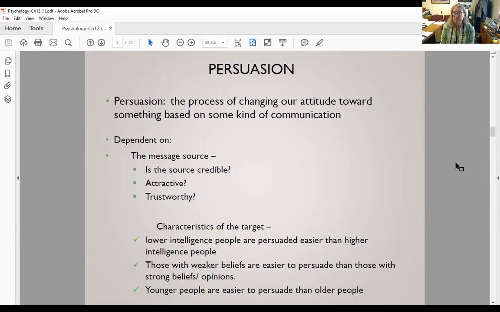The other thing that is important here is the message itself, not the source, the person who's giving the message, but the second thing is the characteristics of the message.